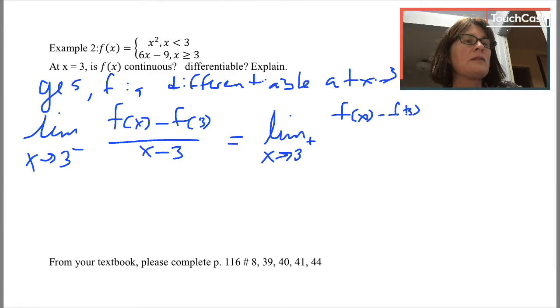How about I just clean that one little part up a little bit?